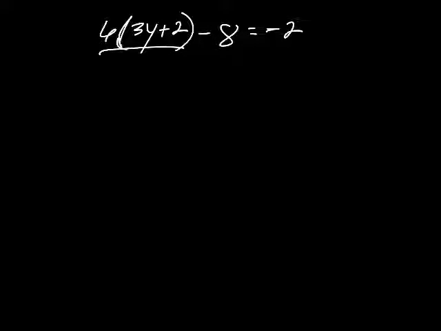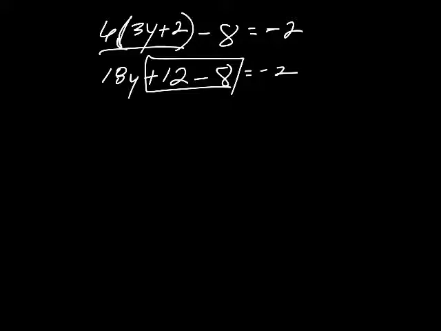So we're going to do distribution here. 18y plus 12 minus 8 equals negative 2. We're going to combine these terms right here. 18y and positive 12 minus 8 is 4, and that equals negative 2. We're going to get rid of that 4 by subtracting it from both sides, and that'll go away.